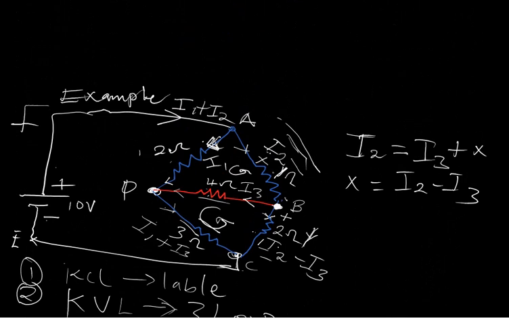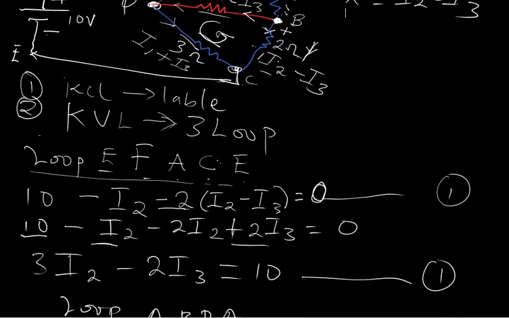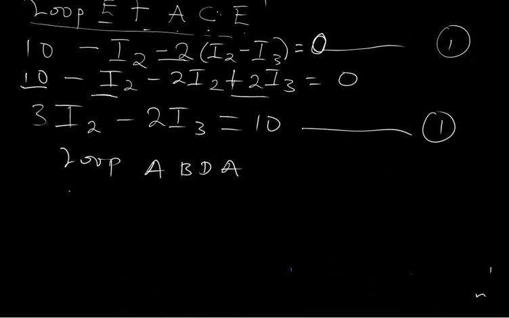Since I've already labeled it, this is starting with the 1 ohm resistor. That's plus to minus, a drop in voltage. That's 1 times I2, which is going to be minus I2.